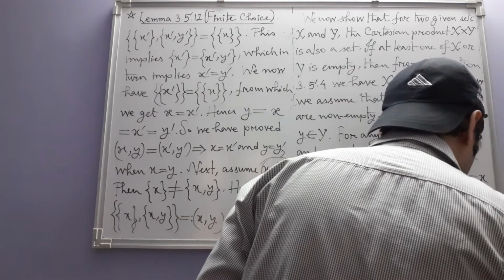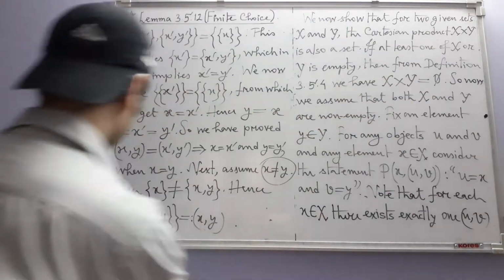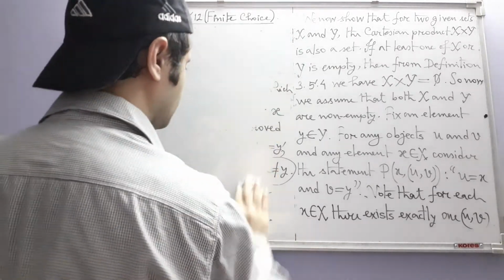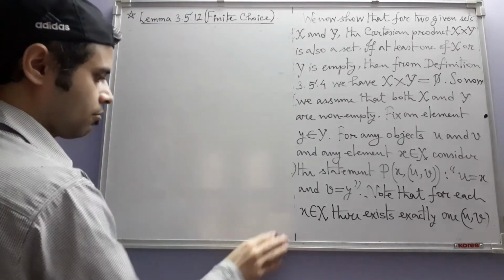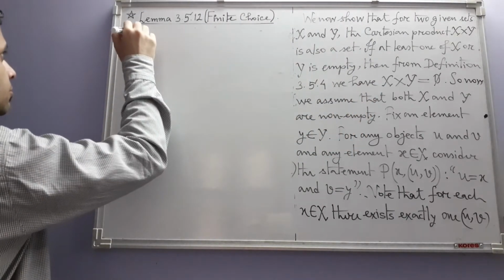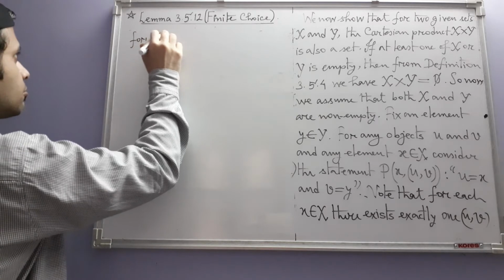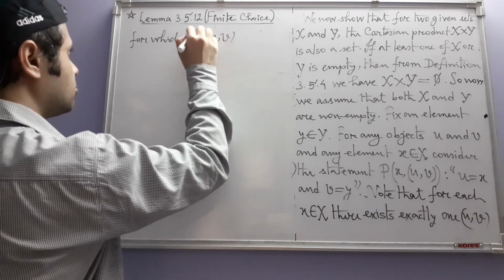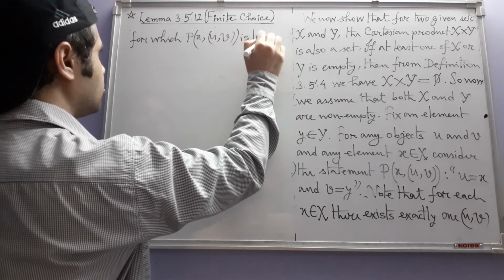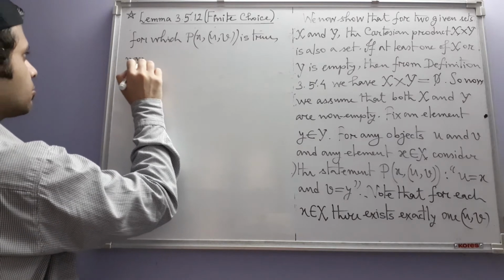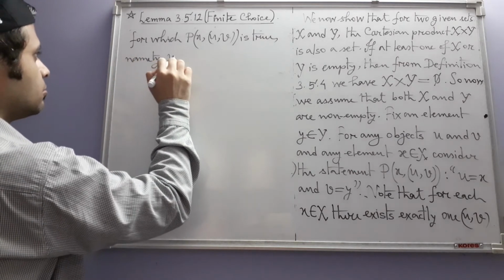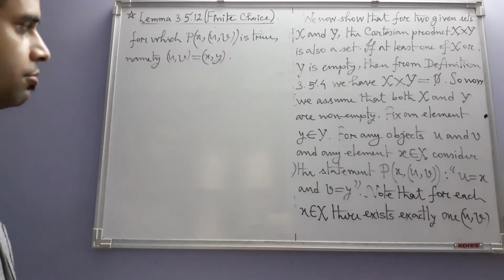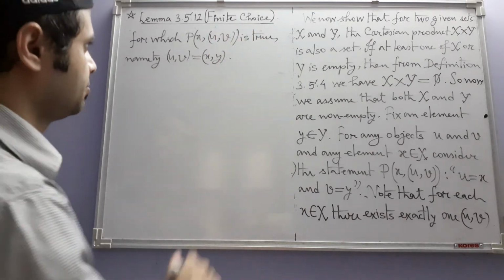Exactly one (U, V) for which this statement is true. Namely, what is that (U, V)? (X, Y), because then U is equal to X and V is equal to Y.